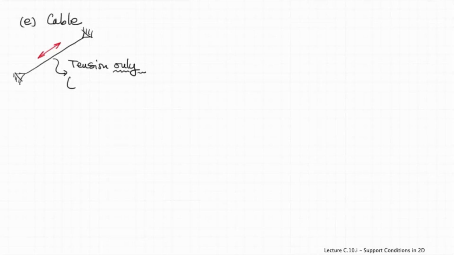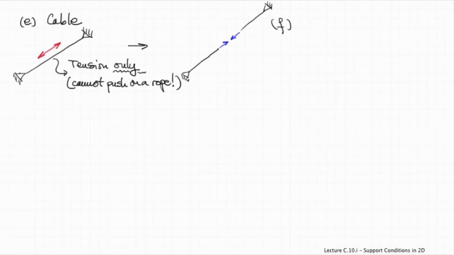It will just go simply slack. So what's happening in a cable? If we draw the free body diagram of 2 segments of the cable after cutting the cable at the middle, then you will see that there's an internal force running along the cable which is in tension, and that would be the force that you have to replace the other half of the cable with.